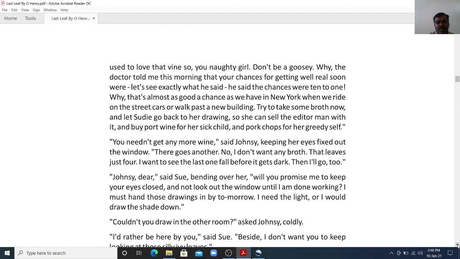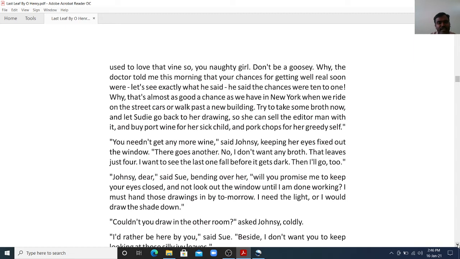And then I have to buy some port wine, I mean, very sweet wine, for my friend Johnsy and pork chops for myself. So I need to buy some pork chops for myself. Don't worry too much about the falling leaf. Take some soup. I'll be back. That's what Sue suggested to Johnsy.